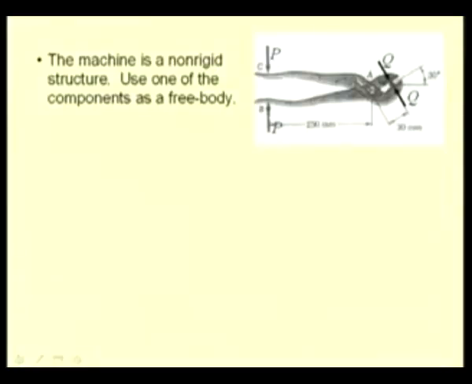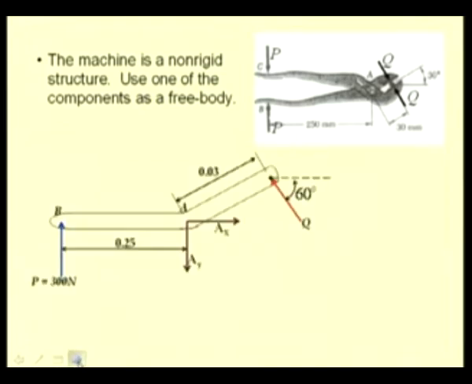So, in this case the member CA is a rigid member, and also this member BA is also a rigid member. So, we can consider the free body diagrams of these to determine the required forces.